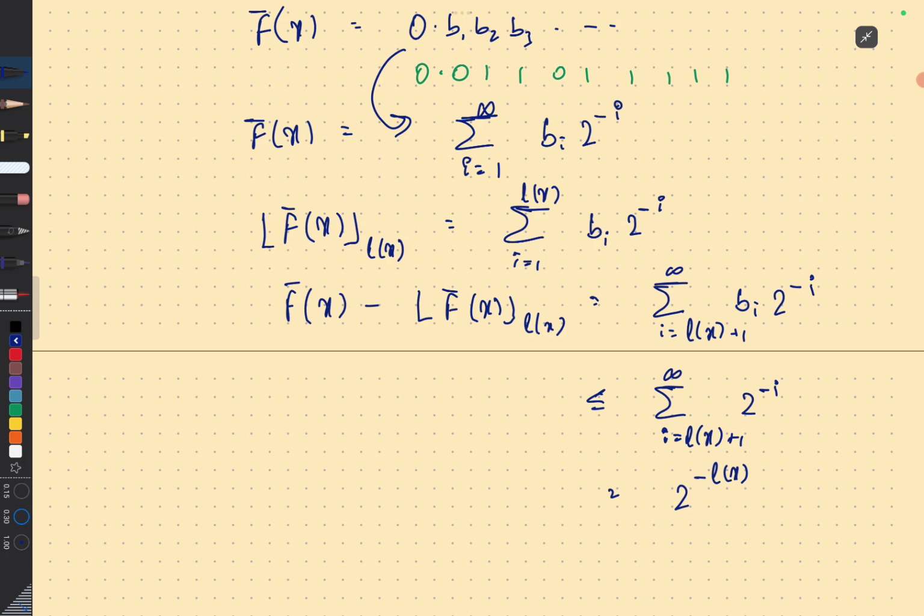Let's say I just want to compute the first L bits of the binary representation. What should I do? I should first multiply the number by 2. If this is greater than or equal to 1, then the next bit in the binary representation should be 1, otherwise it should be 0.